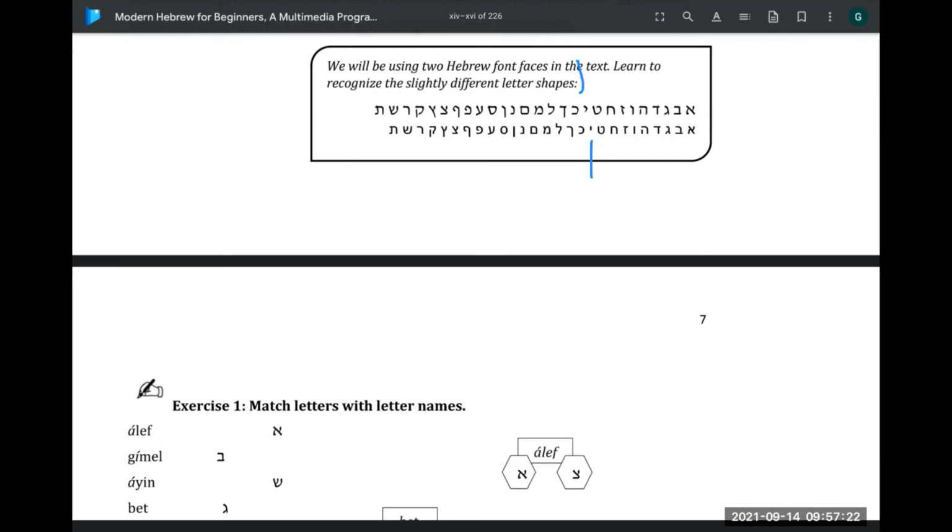Sometimes it's hard to mark. Let's see here. They've got a samech here and more of a zero-looking thing here. That's samech. This is a little more ornate here, maybe a little more like calligraphy-looking kind of stuff. Okay, this is more normal. All right, so they're just telling you that they're going to use both of them.